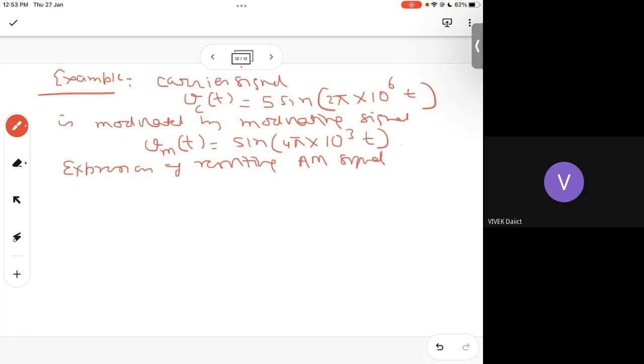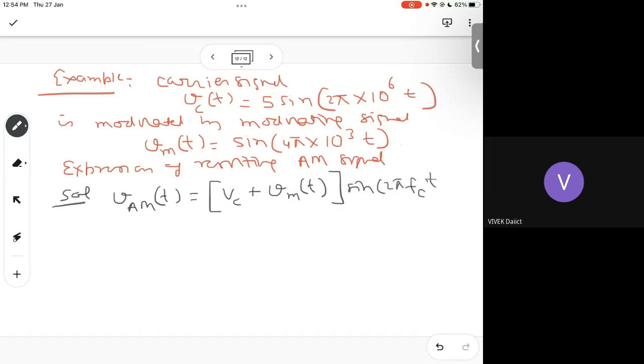Okay. So here, if you solve, how could we go for that? It is simply, it has to be in this form, which is VAM(t) is equal to VC plus VM(t) sine 2 pi FC t.